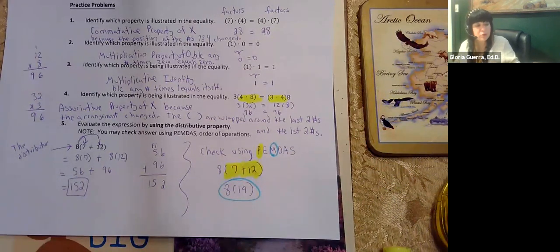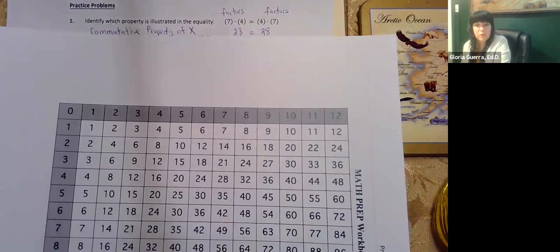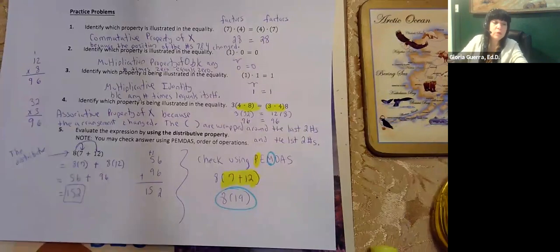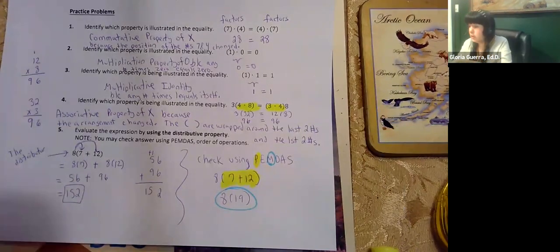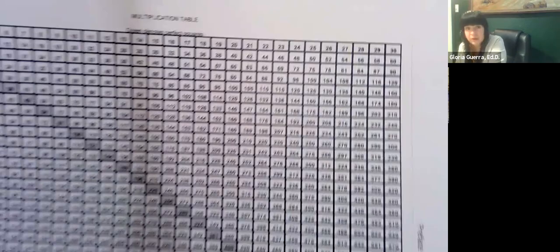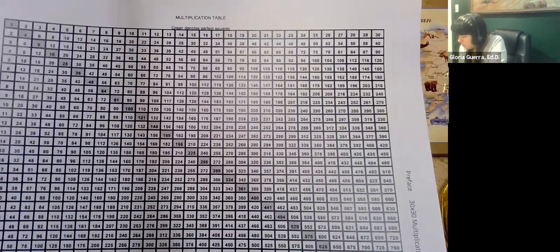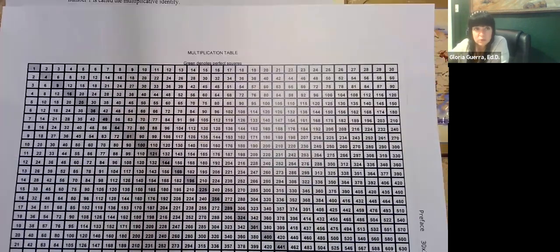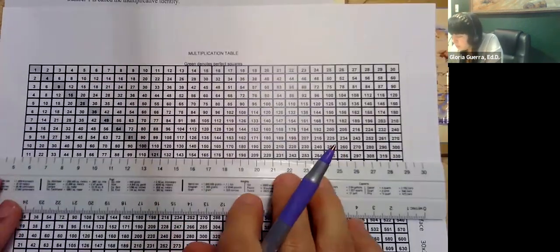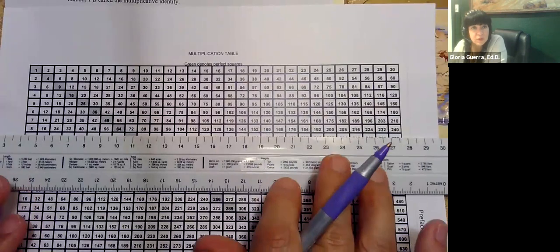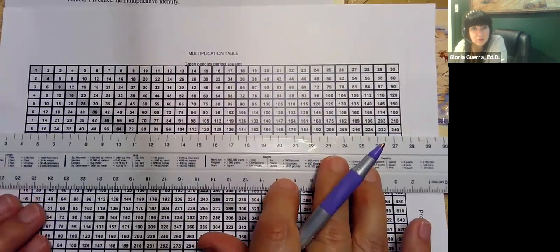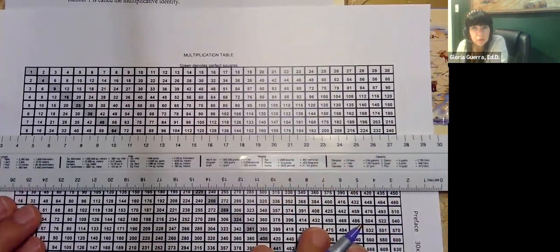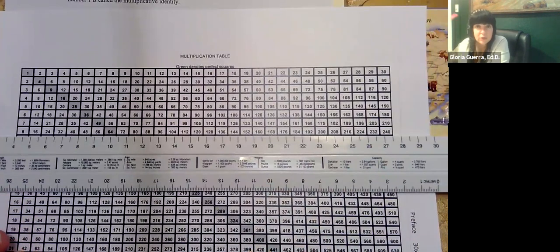On the small chart, it goes off the chart because this is 12 by 12. But in your 410 workbook, they gave you a bigger one, a 30 by 30. So if you look up 8 times 19, sometimes I like to use rulers. We use rulers a lot in statistics because we're always looking up areas underneath curves using the standard normal table.